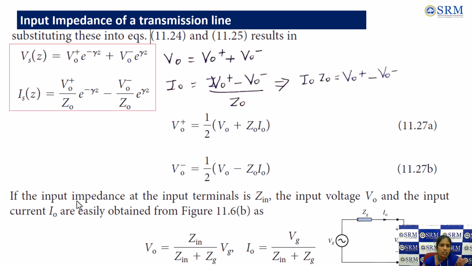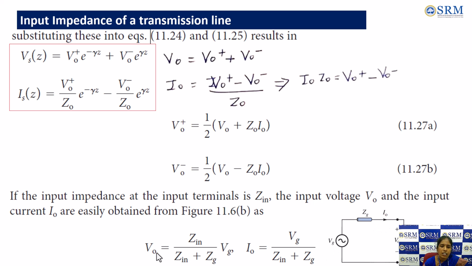We know that the input impedance at the input terminals of the transmission line is Zin. Here we apply the input voltage V0 to the transmission line and the current I0. So we should know what current is applied and what voltage is applied. Both depend on the generator voltage.